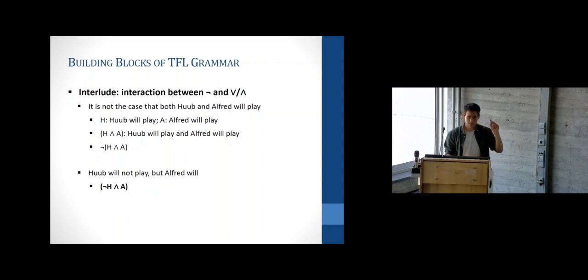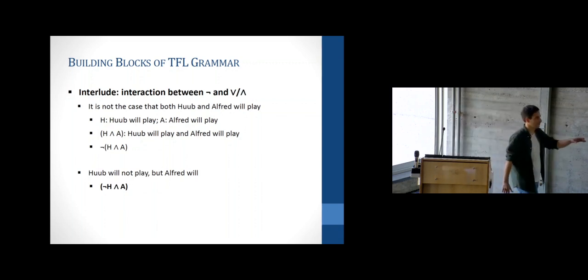Would you also say 'Hoop will not play and Alpha will play'? That's the same as this line. In terms of truth-functional logic, these are the same sentences. Treat them the same.